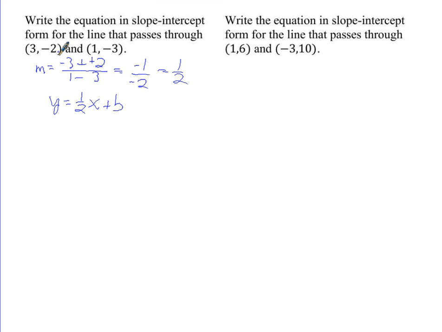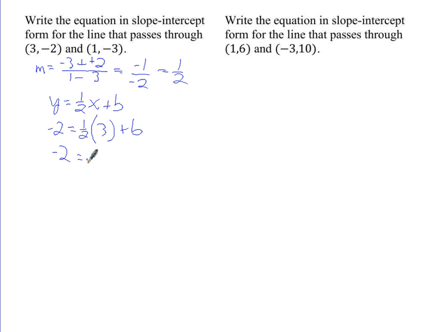So which one of these two looks easiest to you? All right, first one I heard was this one right here. So that's the one I'll pick. What do I write? Negative 2 equals 1/2 of 3 plus b. And now we just solve for b.